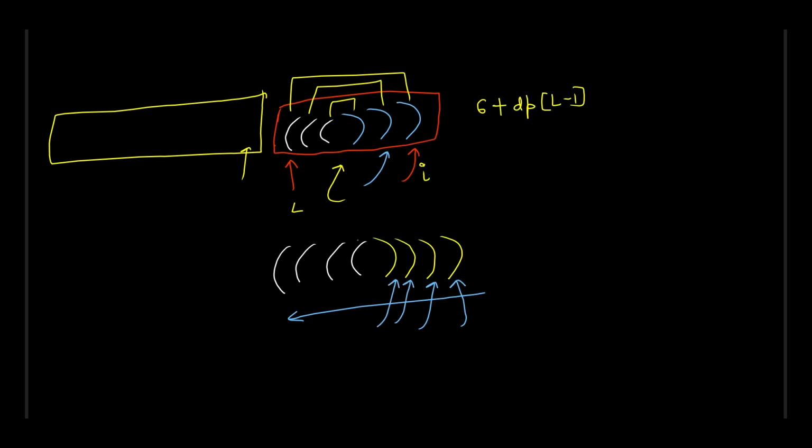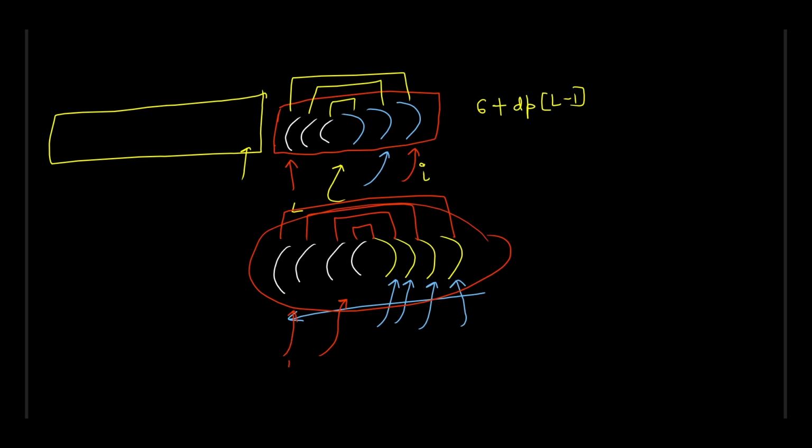And then you can see that you already match the opening brackets like so. So once all the brackets have been matched, the string that is generated is called a cover. And once you have reached a cover, if the starting index of the cover is L and the ending index is I, then your answer would be 8 plus dp of L minus 1.